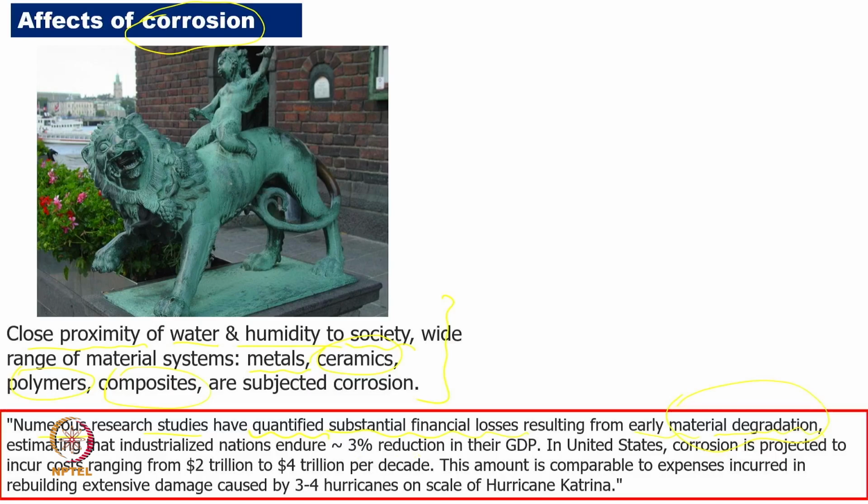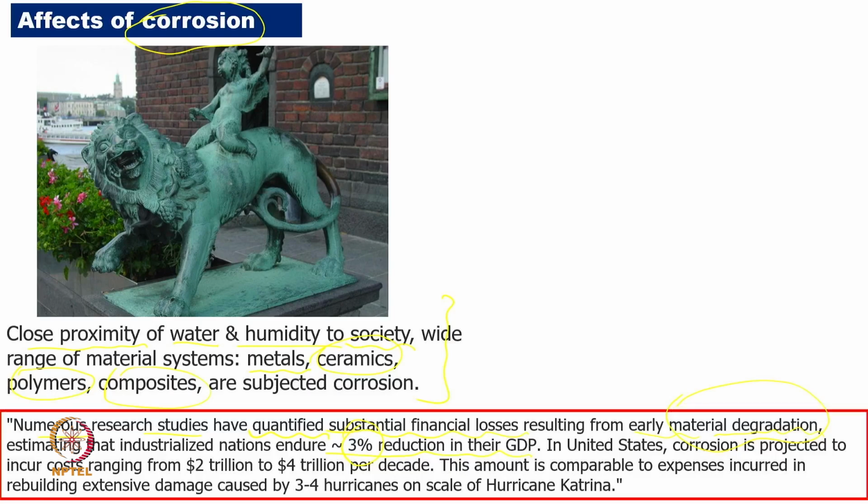And to the tune of what the study says, the financial losses are around 3% of GDP. Of course, in India, one of the figures I gave last time, maybe in the first or second lecture, is 5.95% of the GDP. This was a huge number, while for developed countries like the USA, this number is around 3% of their GDP.